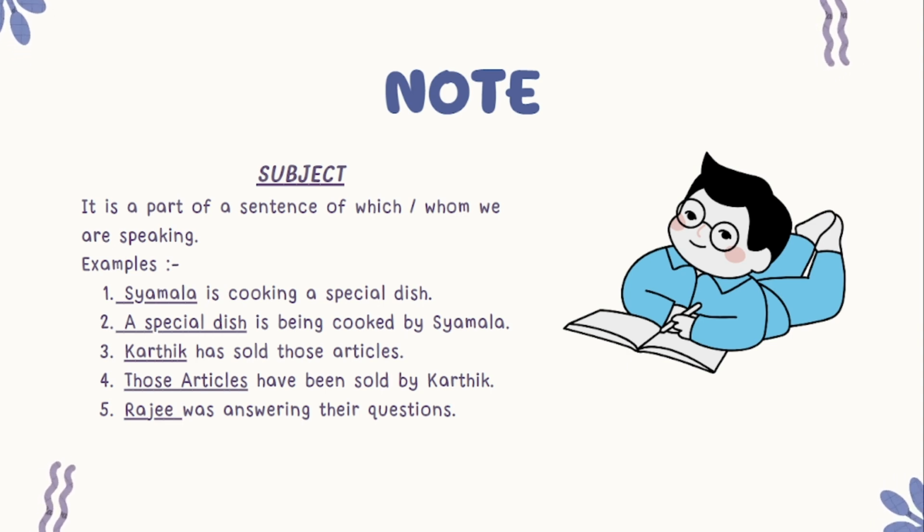Then immediately you may get a doubt. Their questions, why don't we think their questions is a subject? No, it is not a subject. Here, their questions is a part of a sentence. So, first point is fulfilled. Second point, we are talking of their questions. Second point is also fulfilled. Third point, is their questions written at the beginning of the sentence or not?